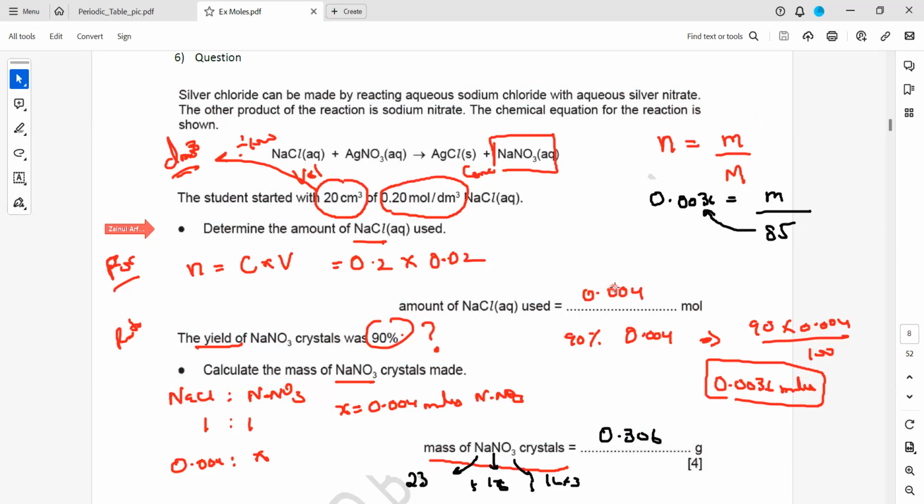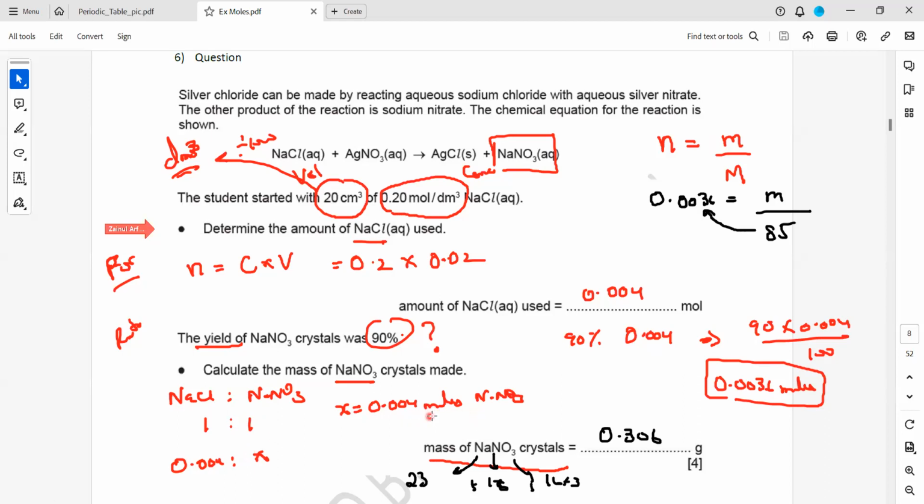But in the question, they mentioned that only 90% yield is there, like we are only getting 90% of what we should get. We're not getting 100% of the amount. So when we use the ratio, first we find the moles of sodium nitrate by using the ratio between sodium chloride and sodium nitrate. The ratio is 1:1. So if we have 0.004 moles of sodium chloride, then X moles of sodium nitrate, we got 0.004 moles.